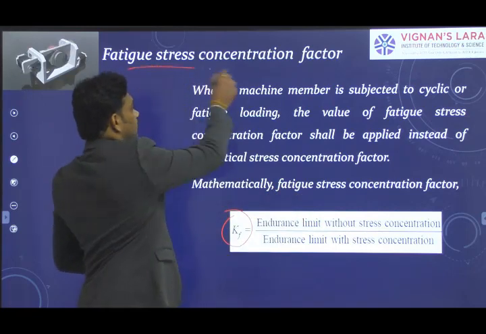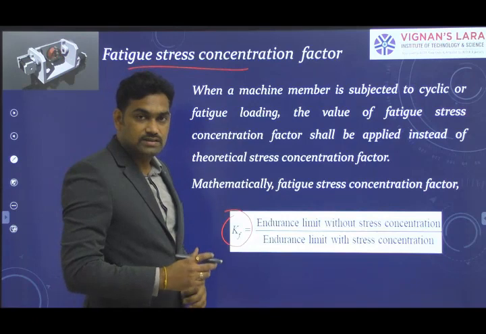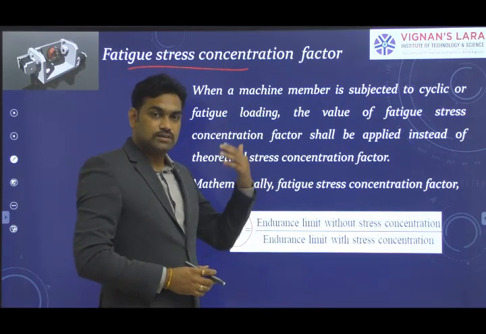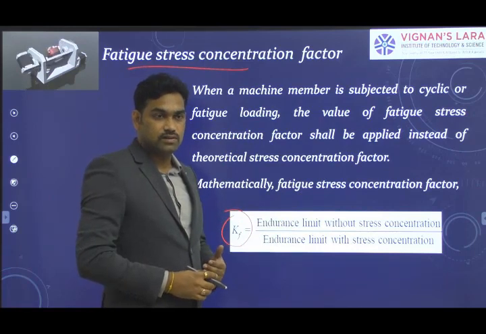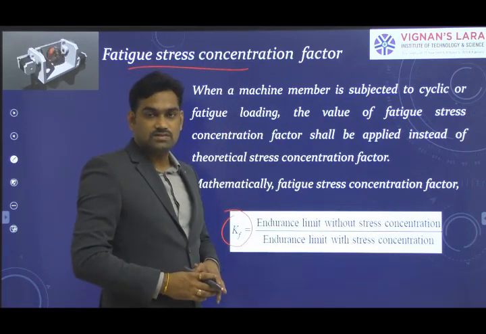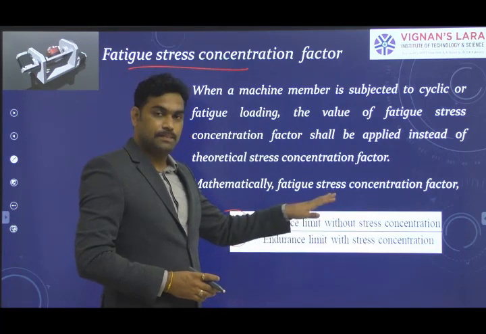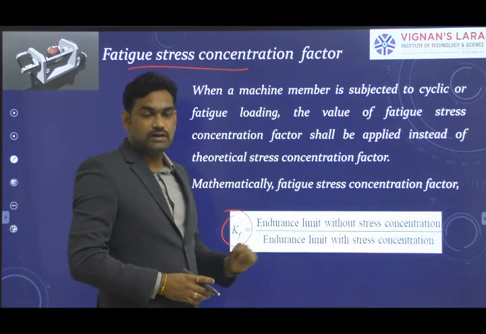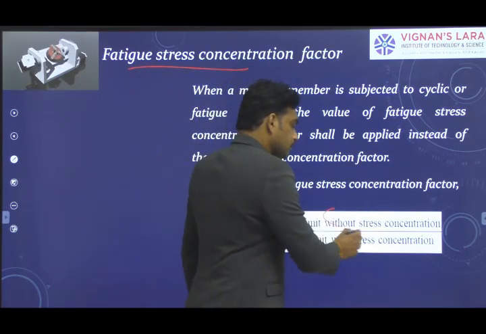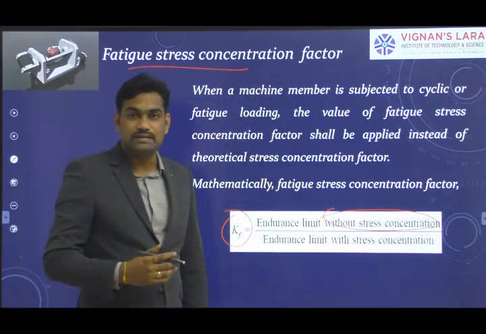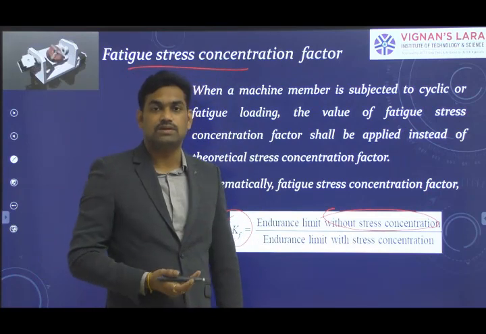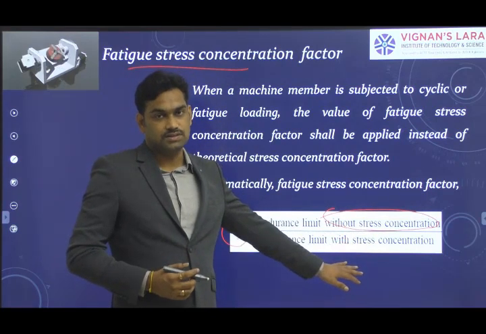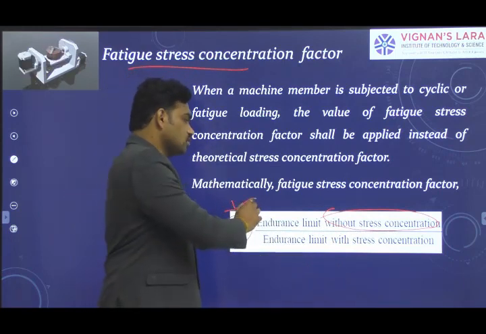When the machine component is subjected to fluctuating loads, it is given by the ratio of the endurance limit with a notch free specimen, that is, whenever there are no notches there is no stress concentration, to the endurance limit with a notched specimen, that is, with stress concentration. That gives the fatigue stress concentration factor.